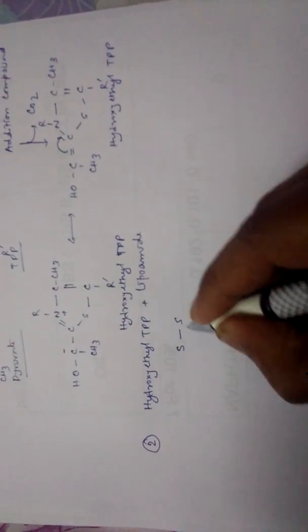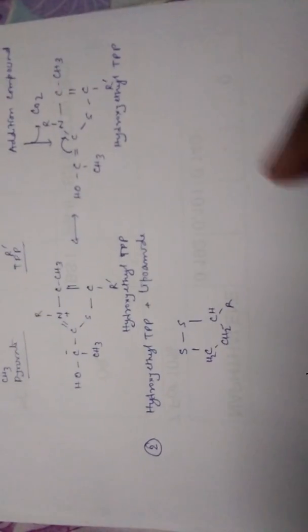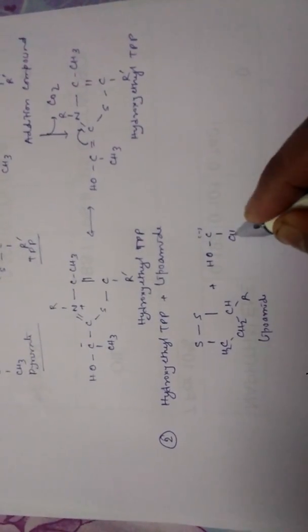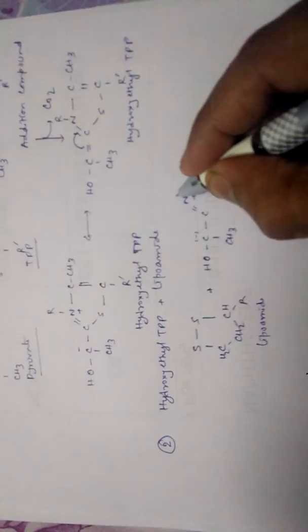Lipoamide is S-S, CH2, CH2, CH, and there will be R, and there is a bond. So this is the lipoamide, and we have the hydroxyethyl TPP here. So hydroxyethyl TPP is OH, C minus, CH3, C double bonded N plus.